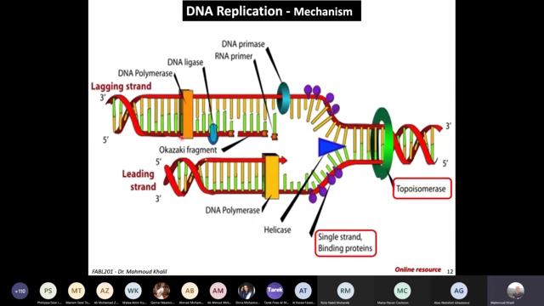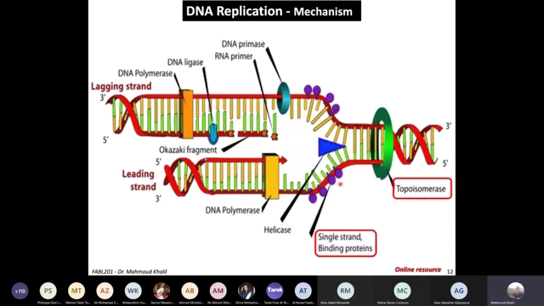So basically, this figure is the same as the one we have just seen in the last two slides. The only difference is that it shows the presence of two important proteins: the topoisomerase, for relieving the torsional stress and supercoiling at that end of the DNA, and the single-stranded binding protein, whose main function is to keep the single strands from re-annealing or forming hydrogen bonds again.